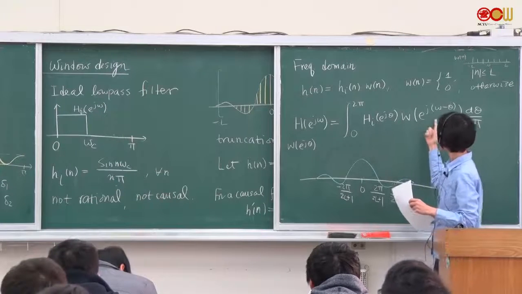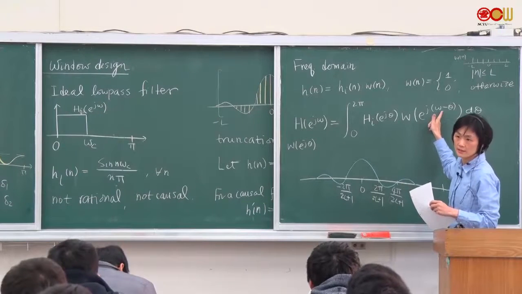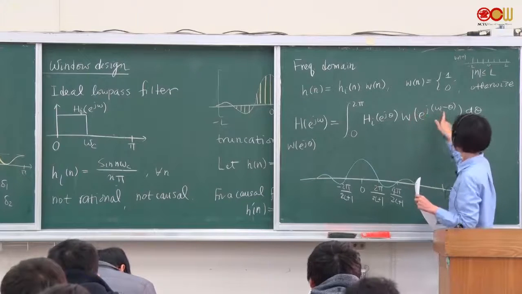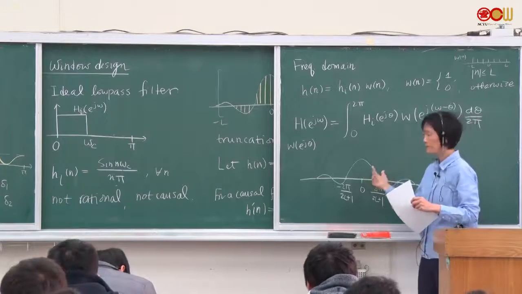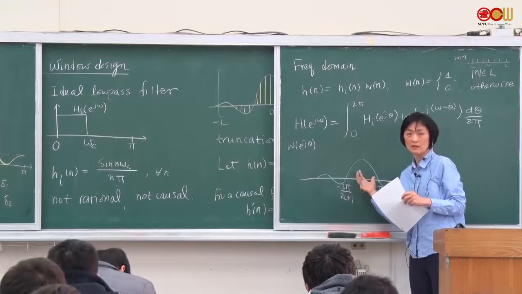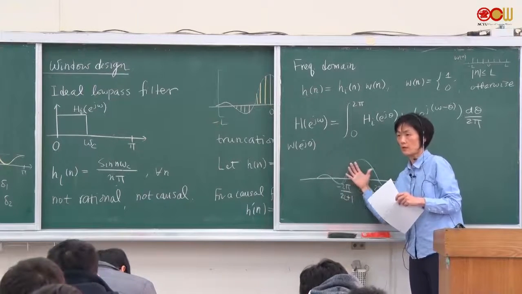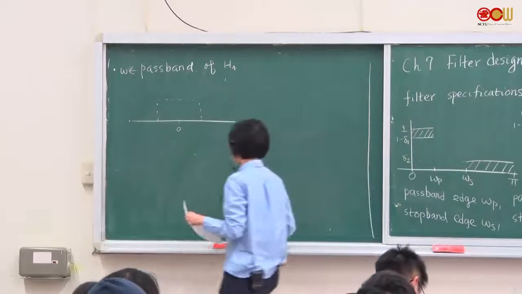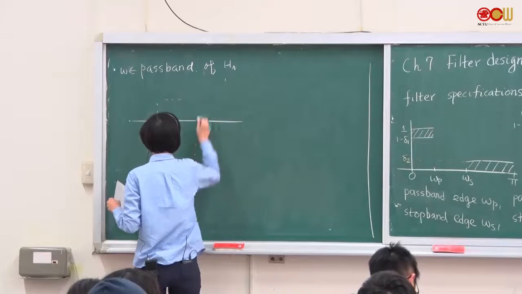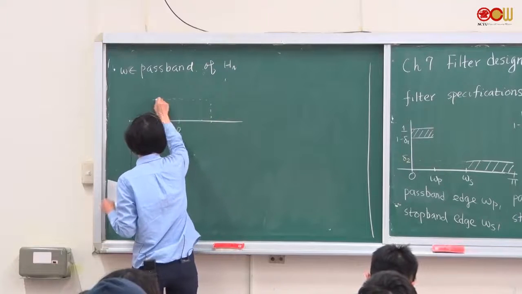We flip it. This is minus θ, so we flip it, and then we move it to ω. It's symmetric, so flipping doesn't matter, and then we move it to ω.